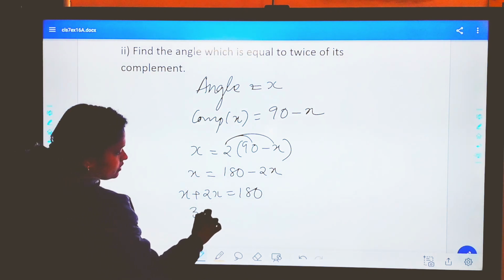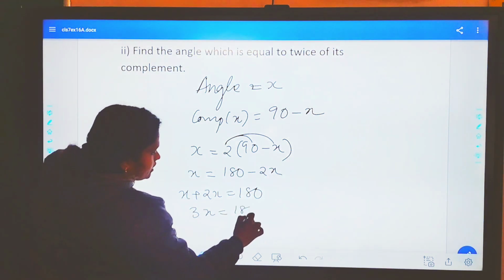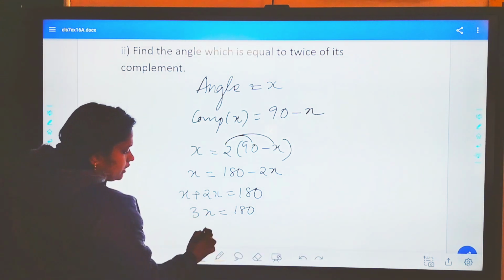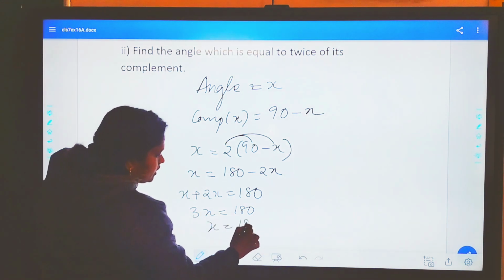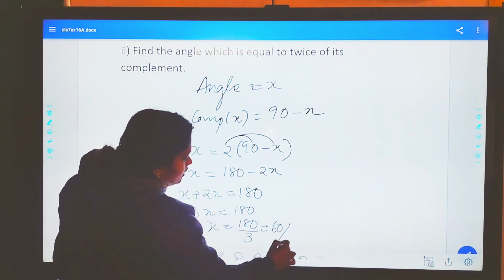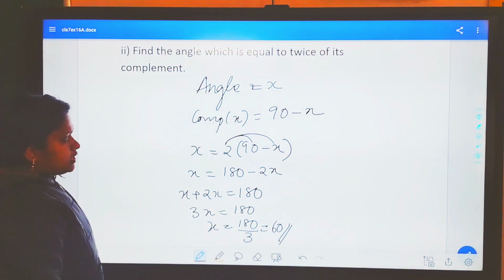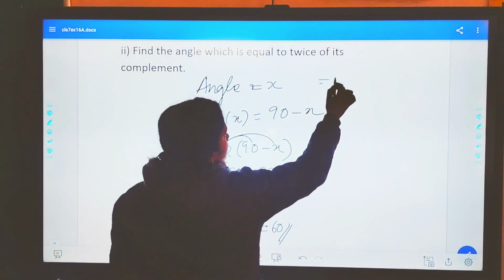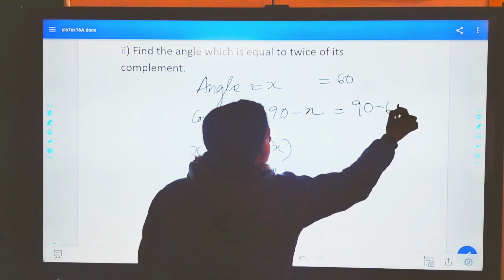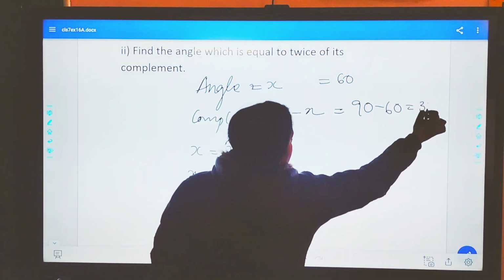Then 3x is equal to 180, so x is equal to 180 upon 3, that is equal to 60. So the angle is 60, then the complement angle is 90 minus 60, that is equal to 30.